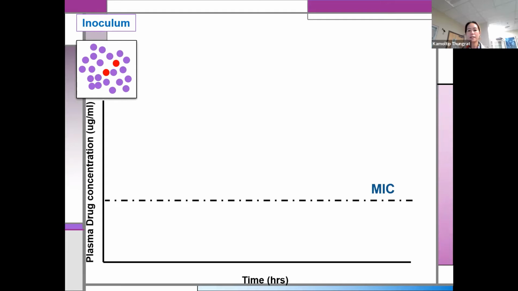It is normal in nature. Every inoculum is going to have a mix of resistant and susceptible bacteria. Okay, we prescribe a dose, and that dose turns out to be subtherapeutic. What happened here? The dose, or the Cmax, does not stay above the MIC.